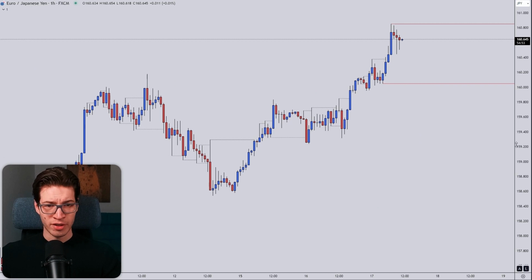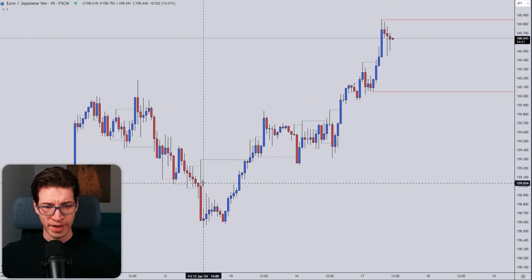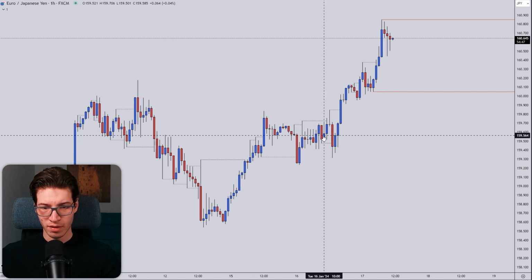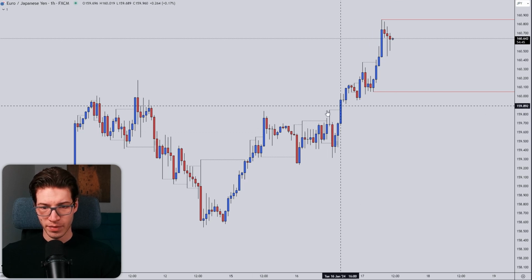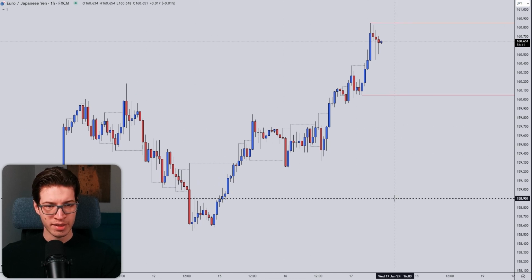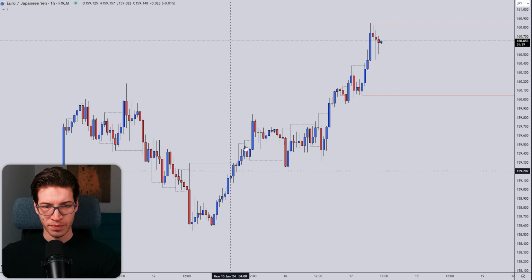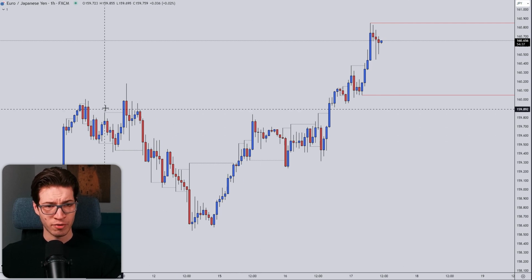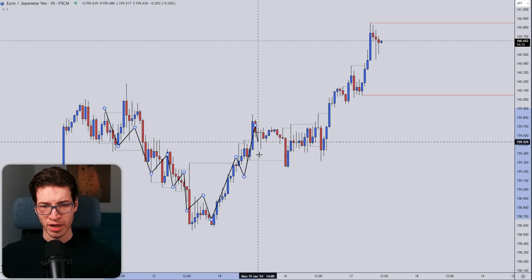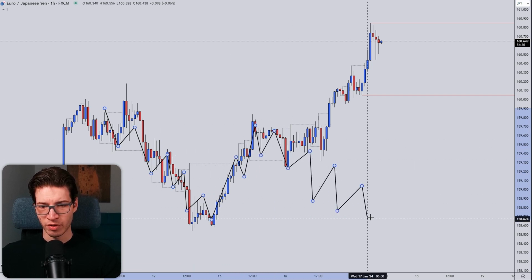Going to the euro and the Japanese yen. So from last Wednesday, it was around here, I believe. And basically we went down, then we went up. So we kind of created a descending into an ascending channel, which usually signals further range bound price action.